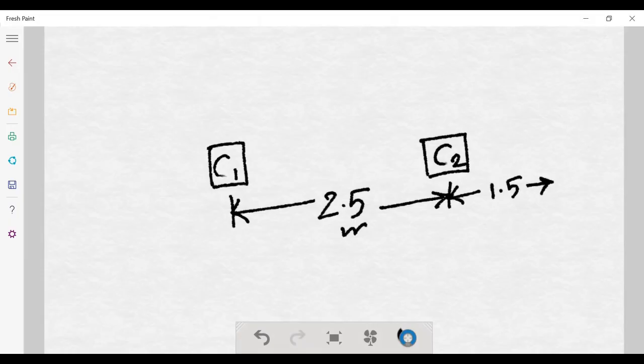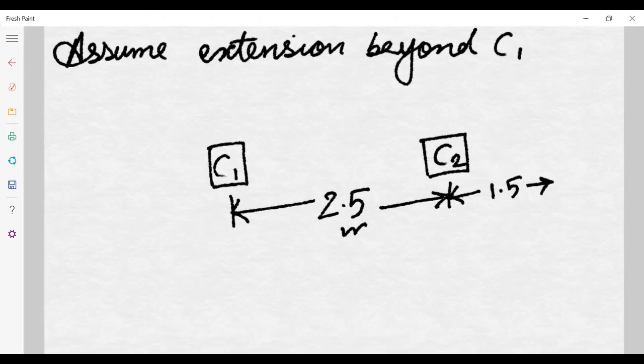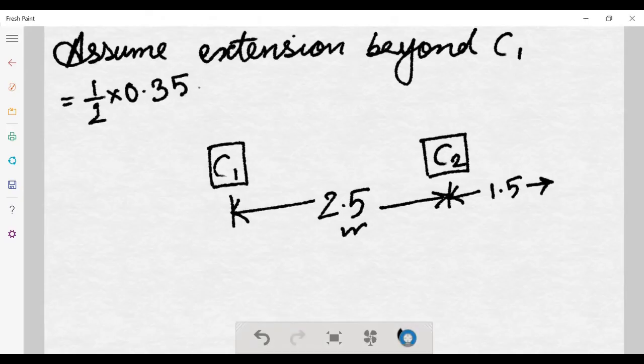Now we assume some extension beyond C1, on the left of C1, equal to half of the size of the column.